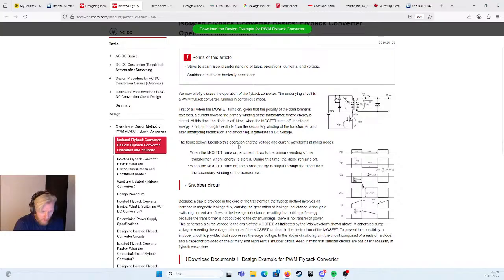The figure below illustrates this operation on the voltage and current waveforms in major nodes. Yeah, so here you have VDS, it's high. So when the MOSFET is on, right, GS, gate to source.